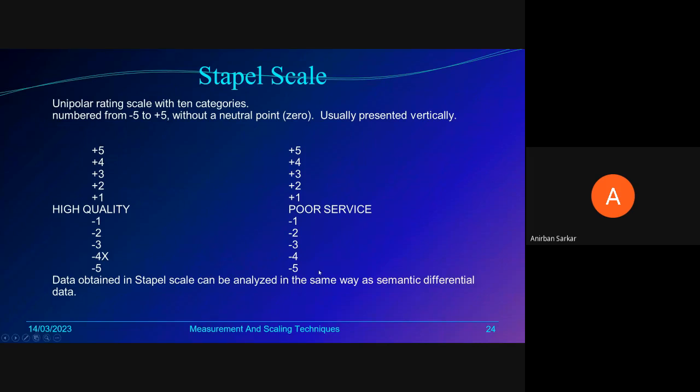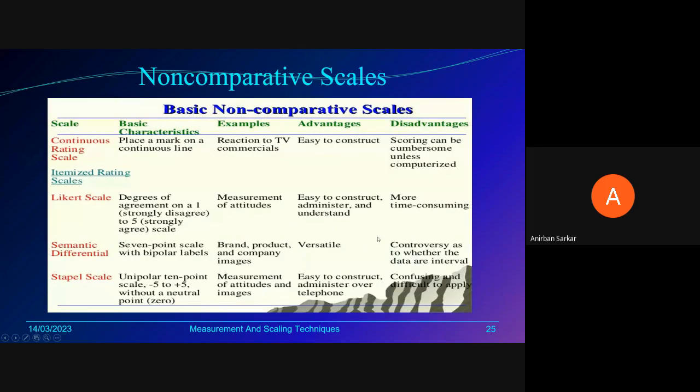So it is clear to you? Generally, Likert scale data is mostly used, but depending on the research objective, you may use staple and semantic differential scale as well.